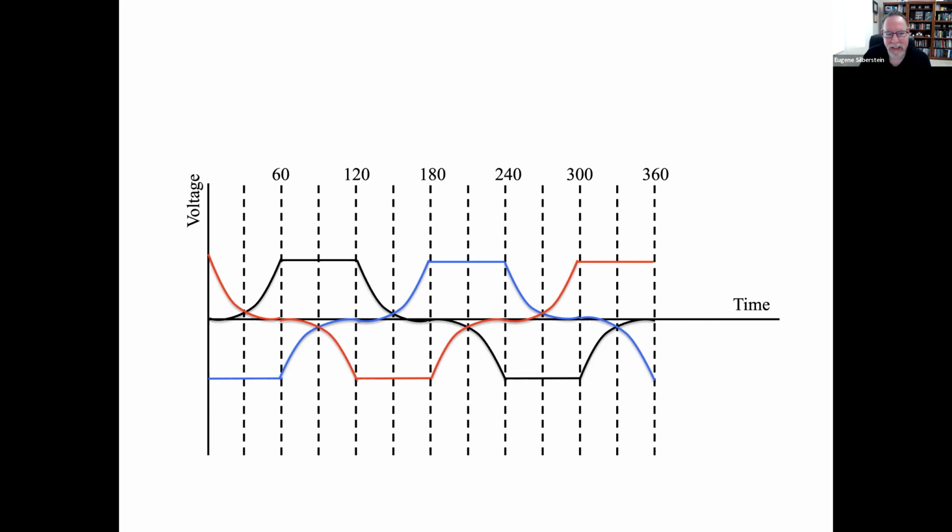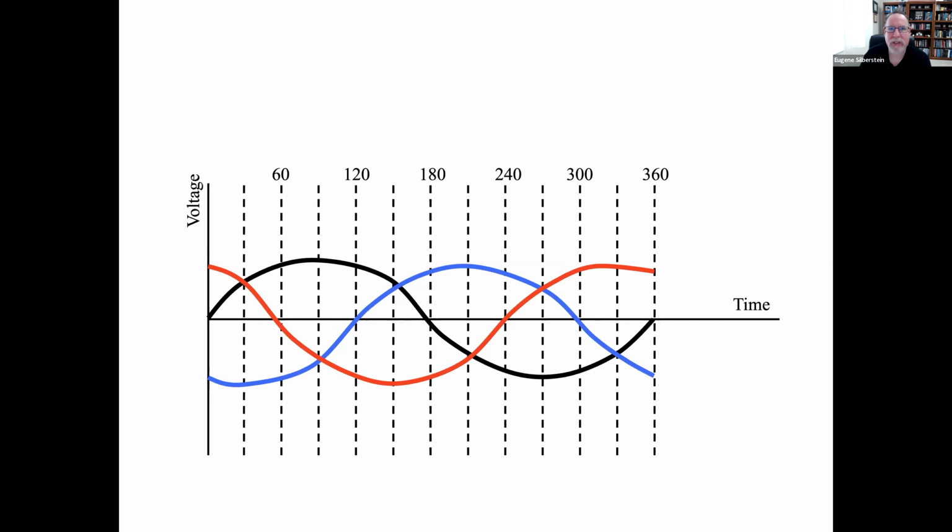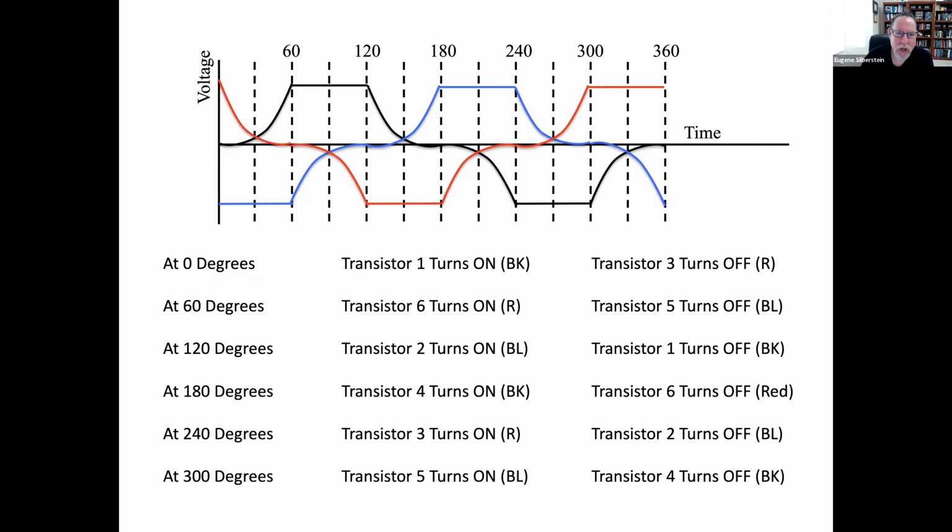So although this does not accurately represent a 3-phase signal, what the motor sees is going to closely resemble a 3-phase power supply. So we have a set of instructions. We're going to energize the bases of different transistors at different times, and that is going to create this artificial 3-phase power supply.